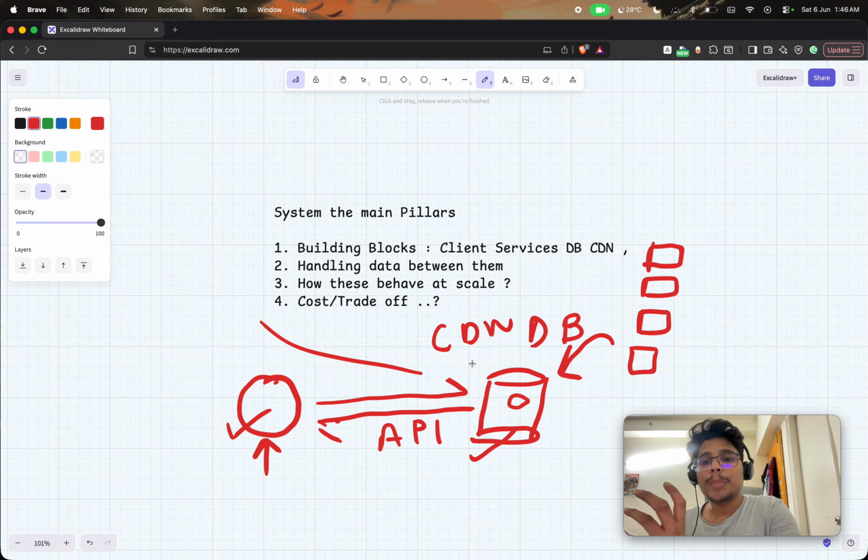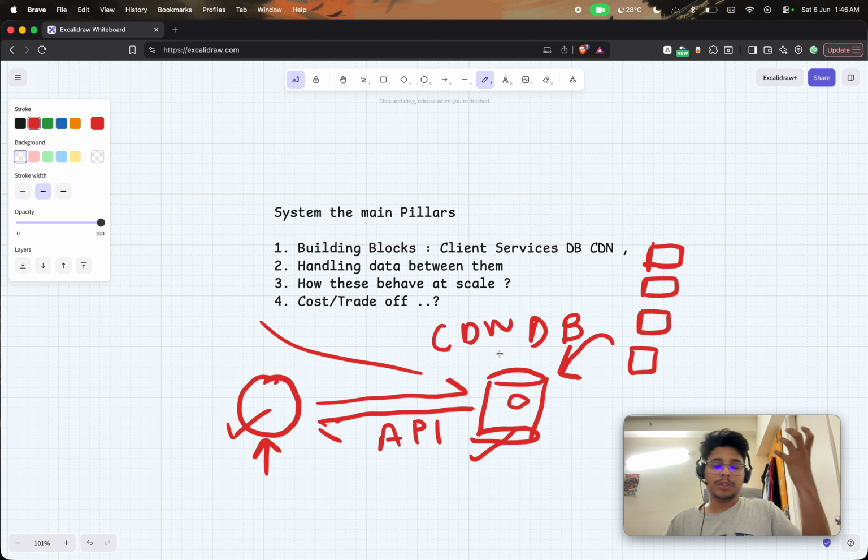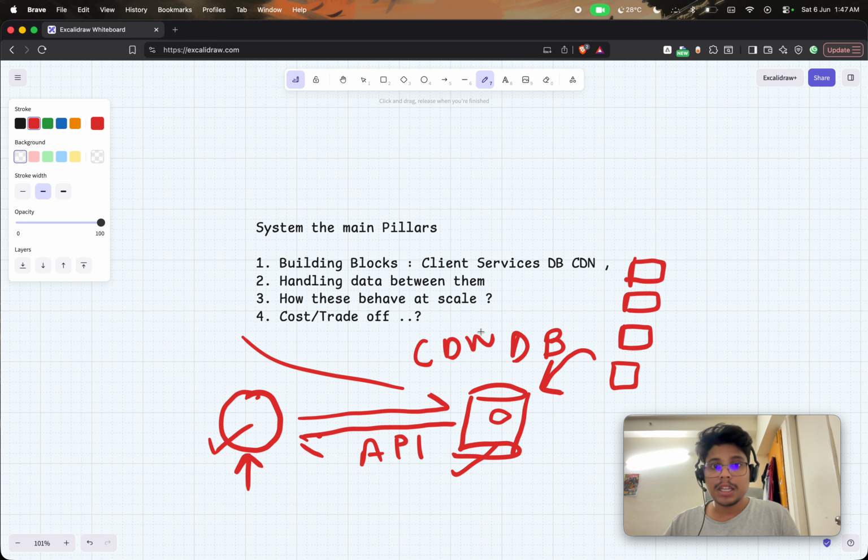These are some fundamental building blocks of system design. Suppose you want to make Maggi noodles, you need water, you need Maggi, you need masala, and all the utensils. These are called building blocks.